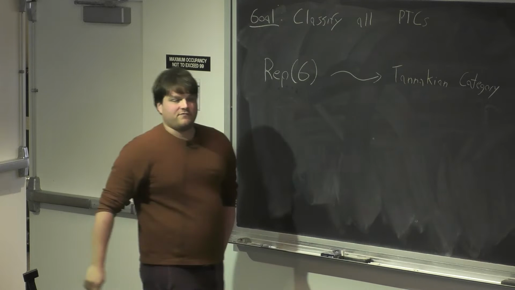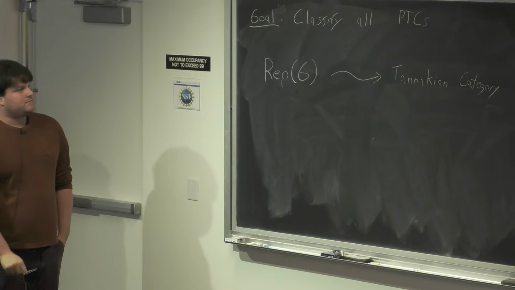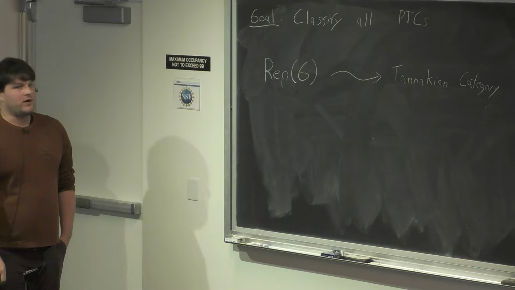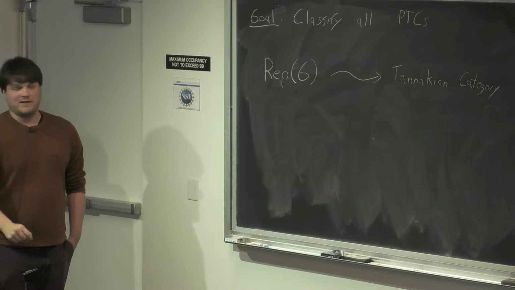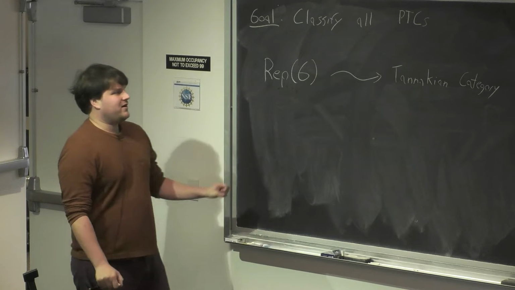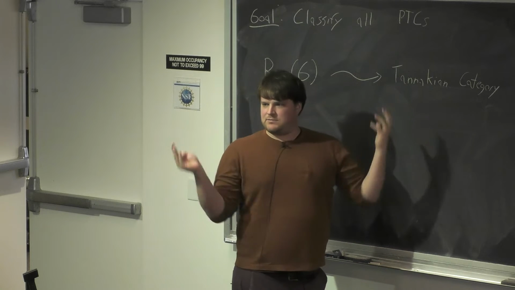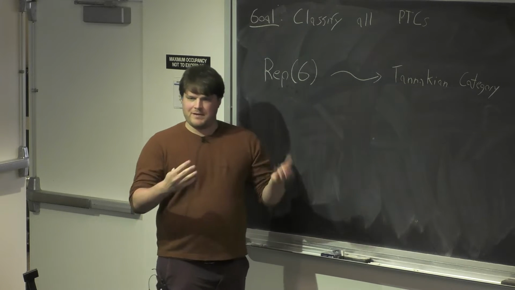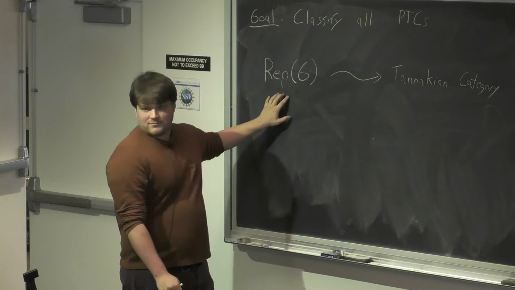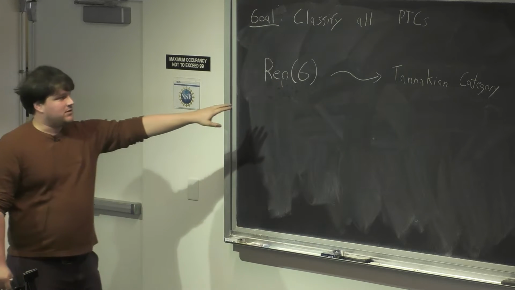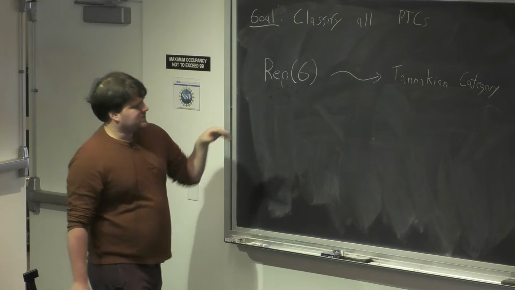And then, of course, if we relax this requirement of having a fiber functor to vector spaces, so if we require our category to be realizable as a collection of vector spaces with linear maps between them, then we get representations of groups on the nose, or finite dimensional representations of groups on the nose.